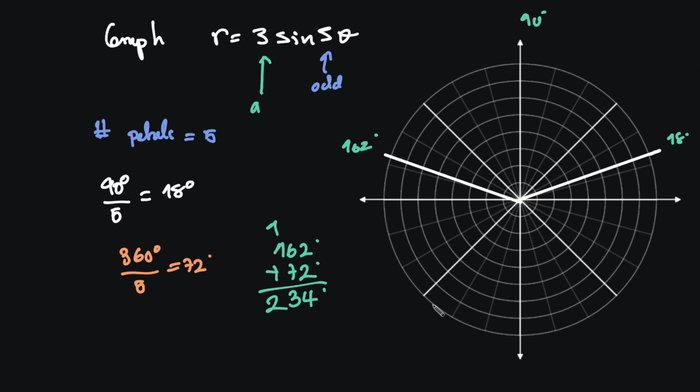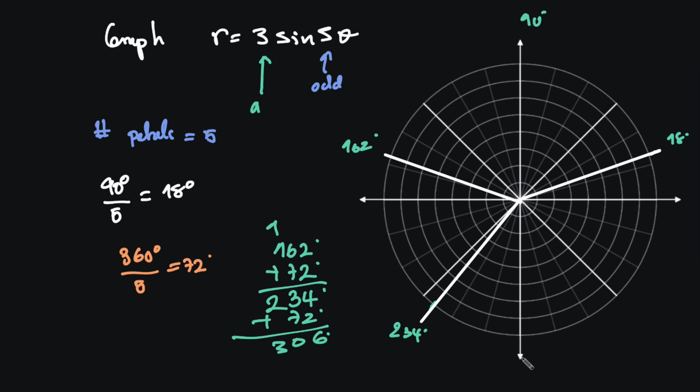So we're going to go a little bit back, and around here, we're going to get our line. Let me do it a little bit better. All right, like that. All right, like so. This is going to be approximately 234 degrees. If we add to 234, we add 72, then we get 306, right? This is 270.